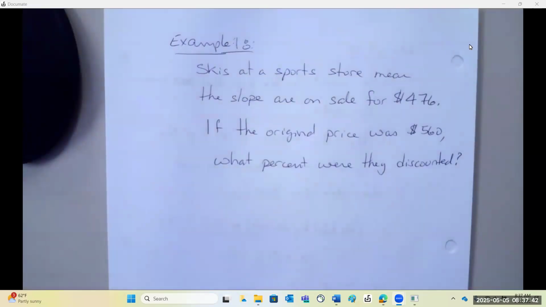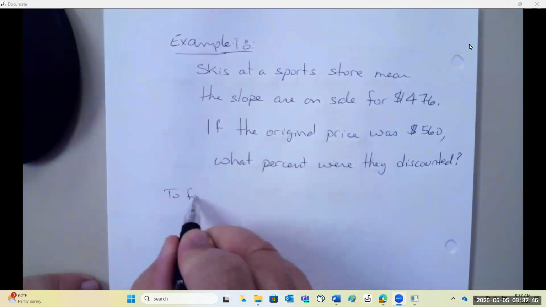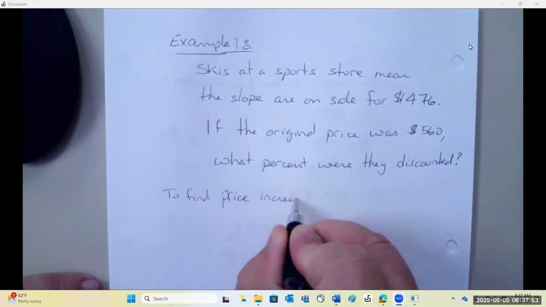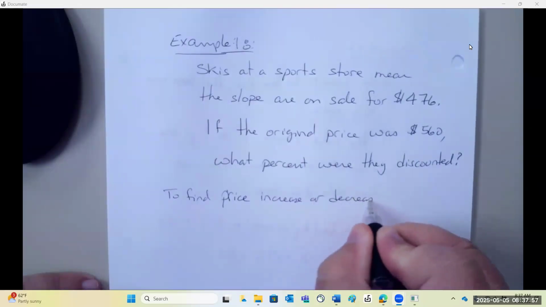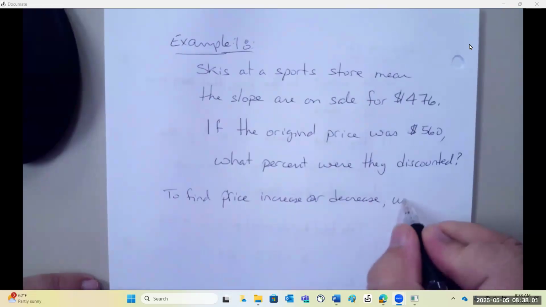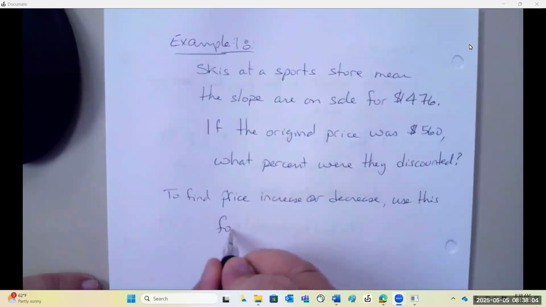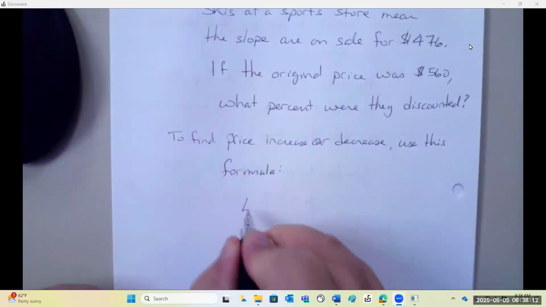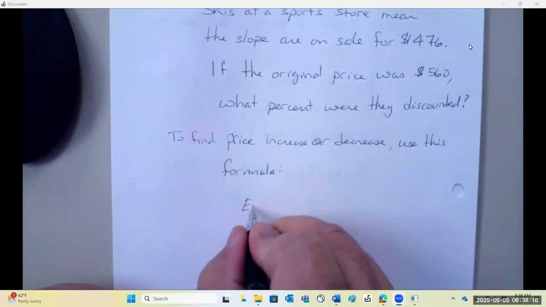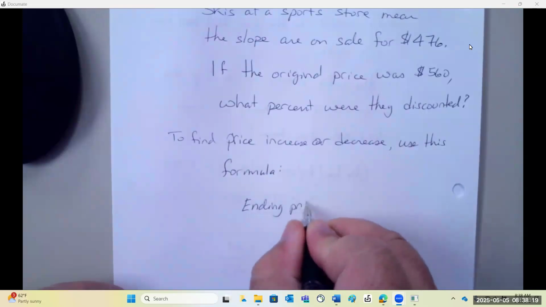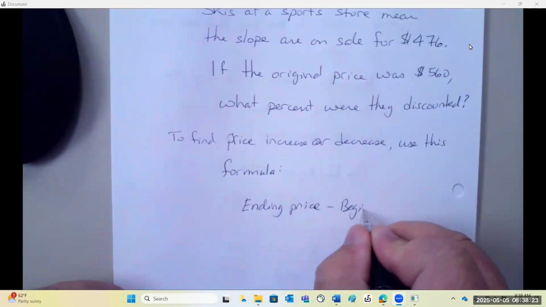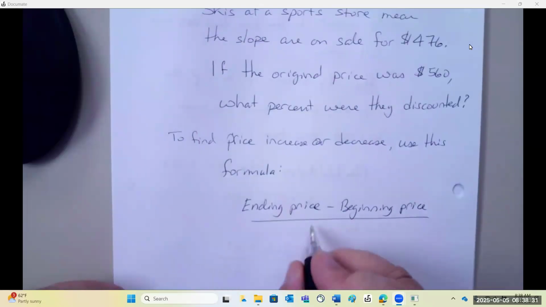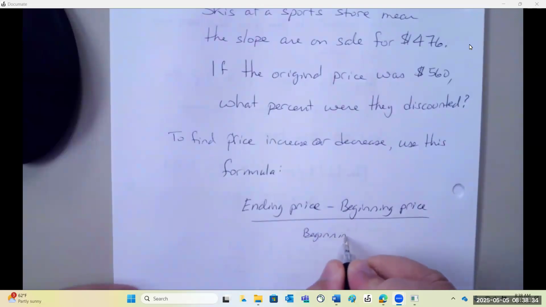Now, whenever you're looking for a discount, price increase or decrease, use this formula: ending price minus beginning price, divided by beginning price.